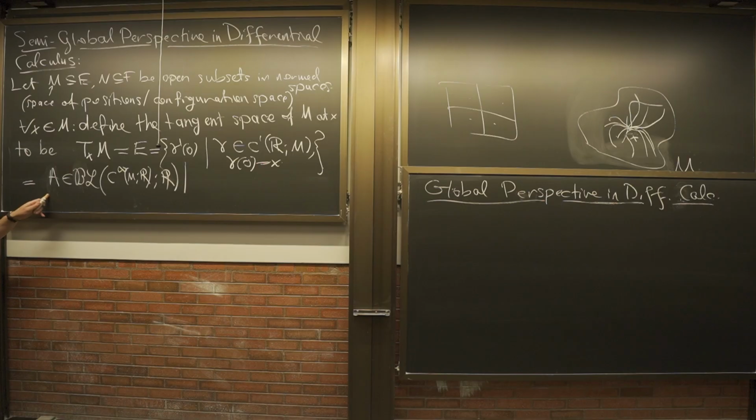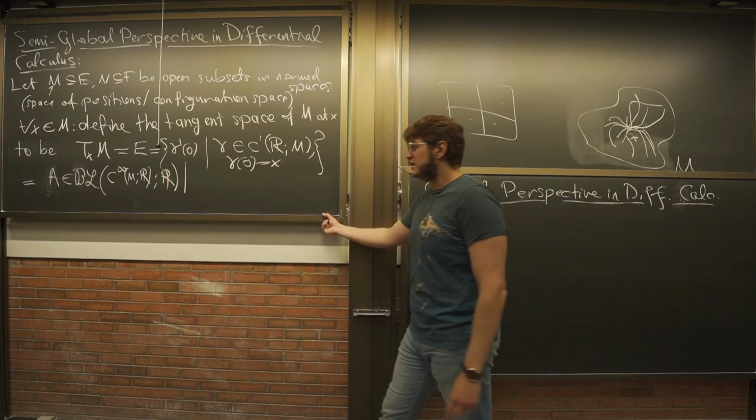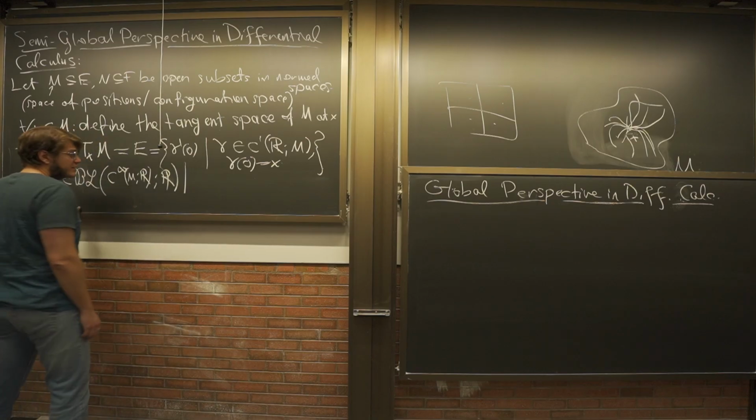Now, A takes a function that is scalar valued, and it should be something like a directional derivative, meaning it's linear, and it has to satisfy the product rule. Directional derivatives, the way we define them, do satisfy the product rule.